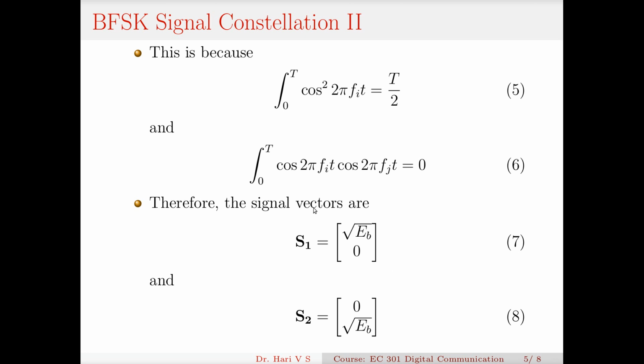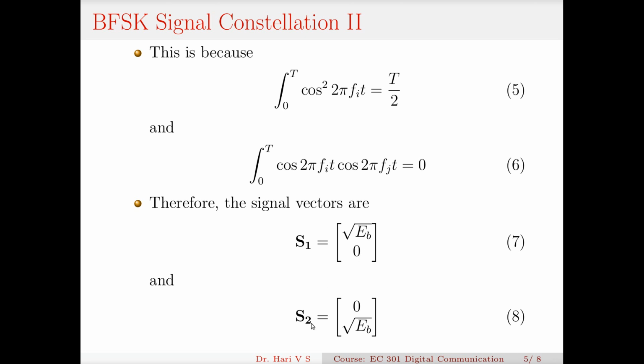Now these signal vectors can be written as s1 equal to root E_B, 0, and s2 equal to 0, root E_B. This s11 for i equal to j is root E_B, and for i not equal to j, s12 is 0.